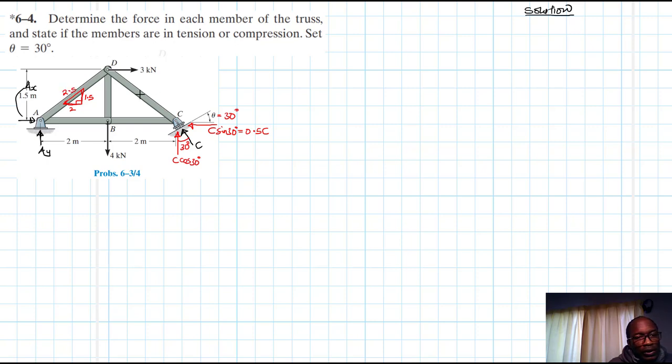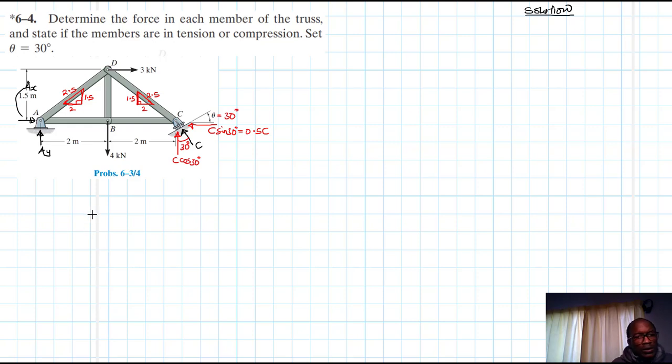The slope on this side is the same. This right angled triangle has the run of 2, the rise of 1.5, and the hypotenuse of 2.5.